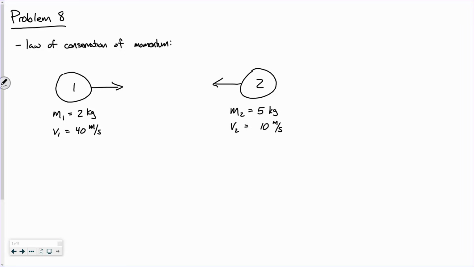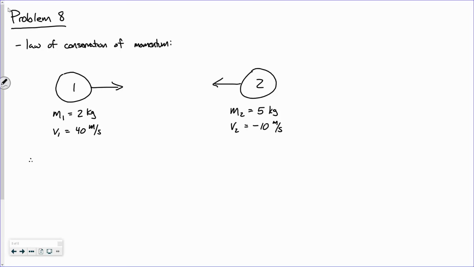In order to be consistent, both of the masses are scalar values. Mass is mass. But in terms of velocity, I got one component moving that way, one component moving that way. So I'm going to take this term as negative. I'm going to say component 2 is moving with a negative velocity because it's moving that way.